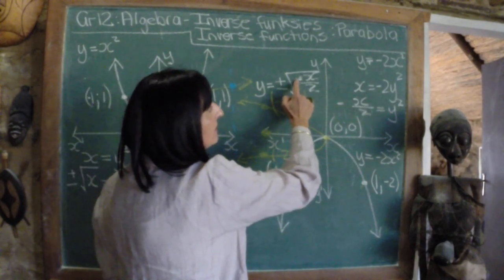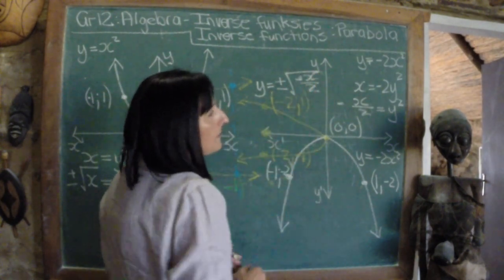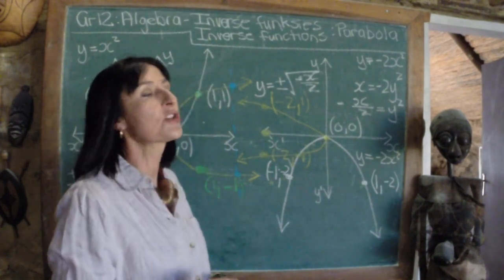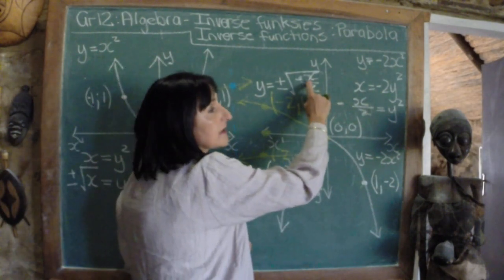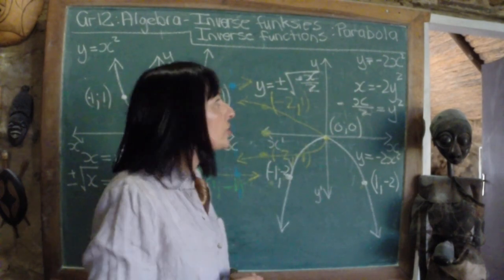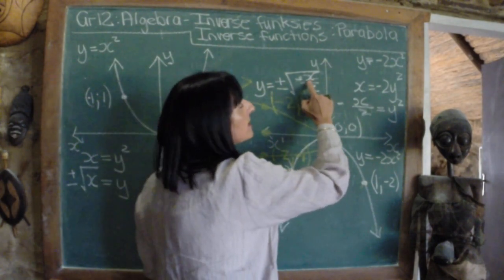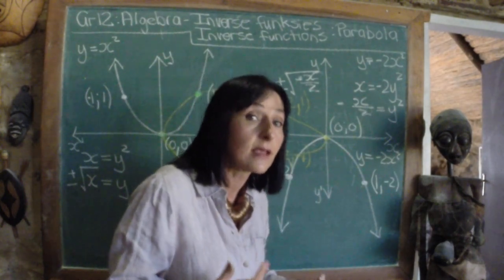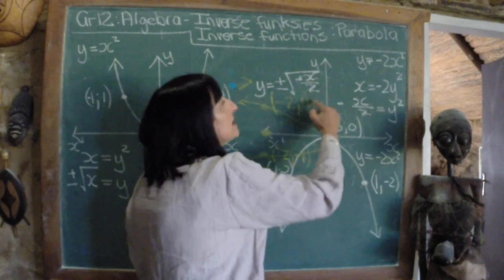En vir die ouens wat hierdie minus onder die wortel pla, that's legal in this case. Dit is heeltemal reg so, want die x is mos 'n veranderlike. So, die x kan mos nou 'n negatief wees. And when it's a negative, then this is legal.